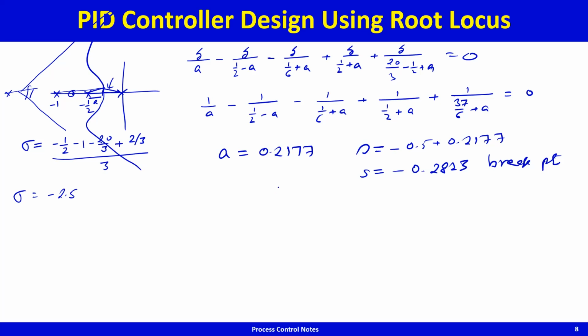At this breakpoint, Kc at breakpoint is going to be 1 over G calculated at S equal to minus 0.2823, where G is GCGP, which is without the Kc in it.